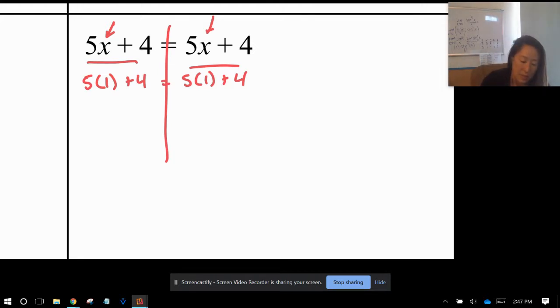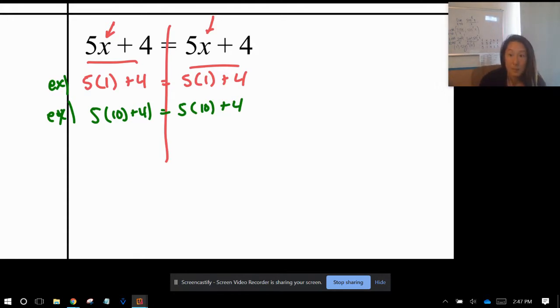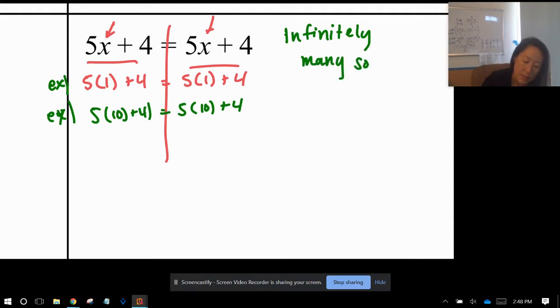Here's another example. 5 times 10 plus 4 is equal to 5 times 10 plus 4. Are those equal? Okay, so this is infinitely many solutions. It means that any value of x, I can plug in any value for x.